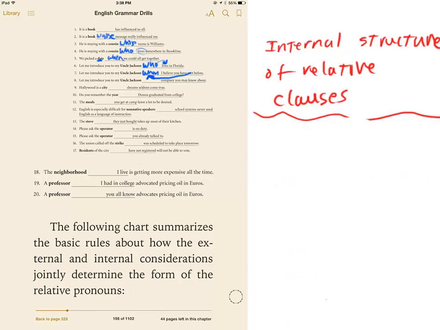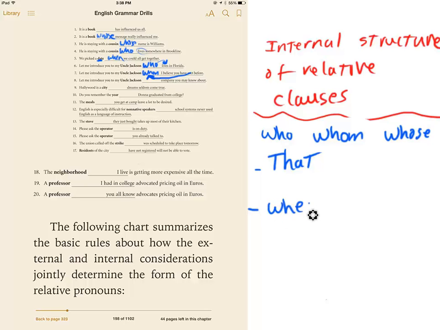Remember, if it is not human, use the word that. If it is human, you're going to use who, whom, or whose. If it refers to time, you're going to use when, and if it refers to a place, you're going to use the word where. These are the relative pronouns, and you're going to look at the antecedent and decide which one to use.